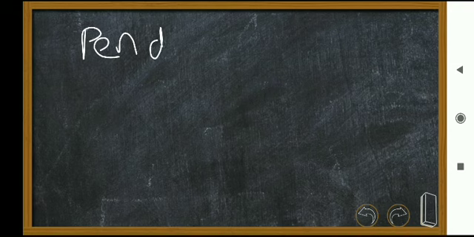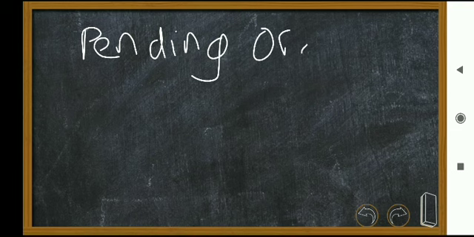Today we'll be dealing with types of orders, the four different types of orders except instant execution or market execution. These orders are called pending orders. They are pending orders and they are four. There are four types.